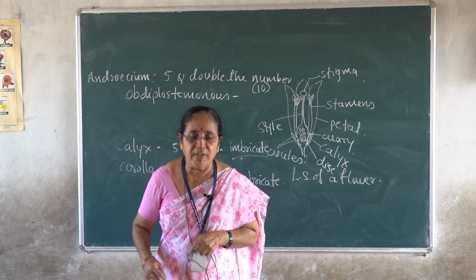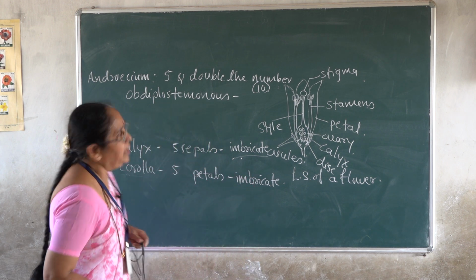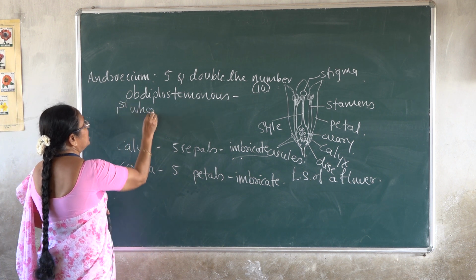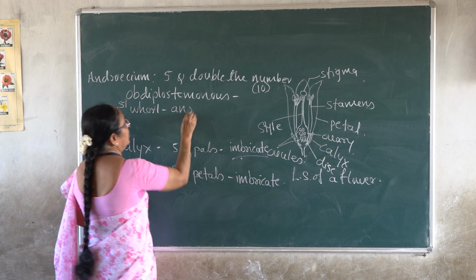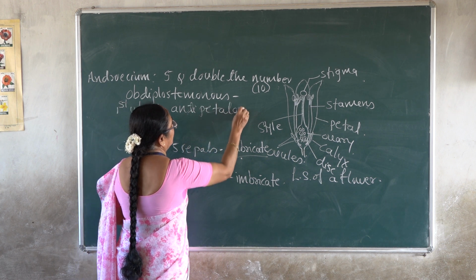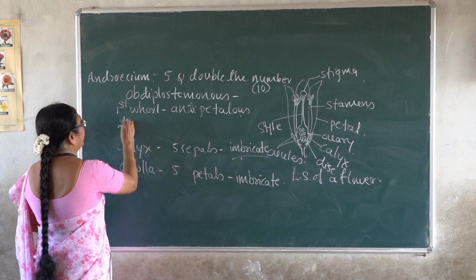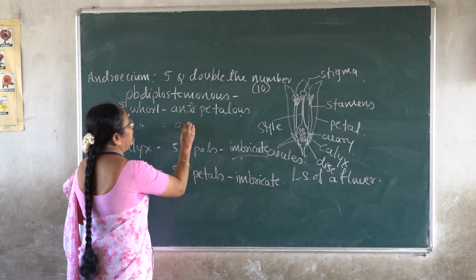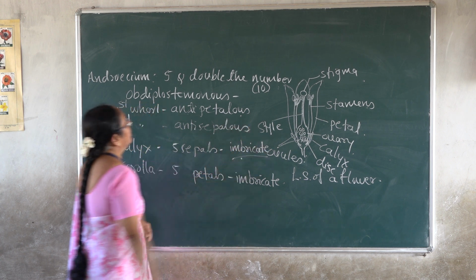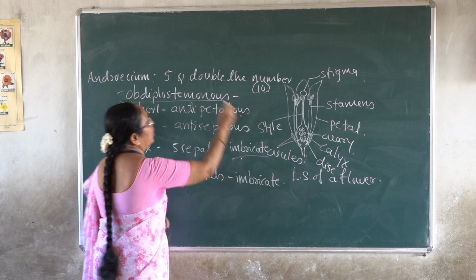Obdiplostaminous means the first whorl is antipetalous and the second, inner whorl is antisepalous in nature. If this is the condition, it is described as obdiplostaminous.